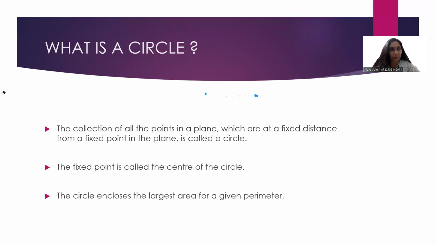How many points are there between these two points? There are infinitely many points. It is not possible to mark all the points in between them. In fact, there are infinitely many points between these two fixed points.